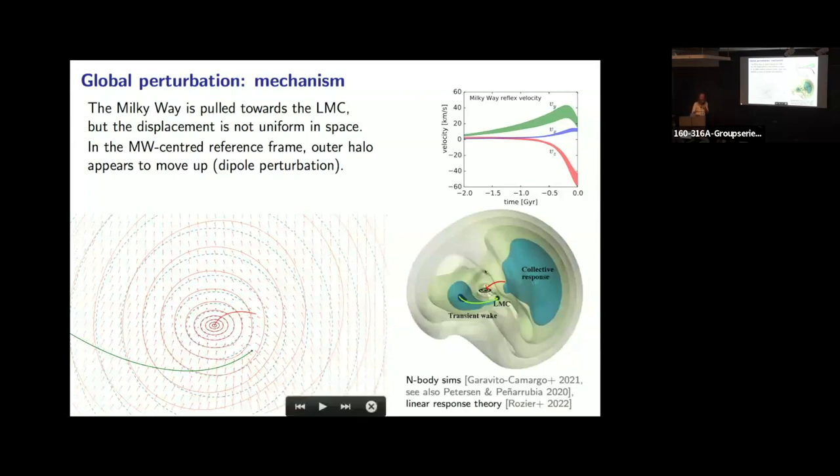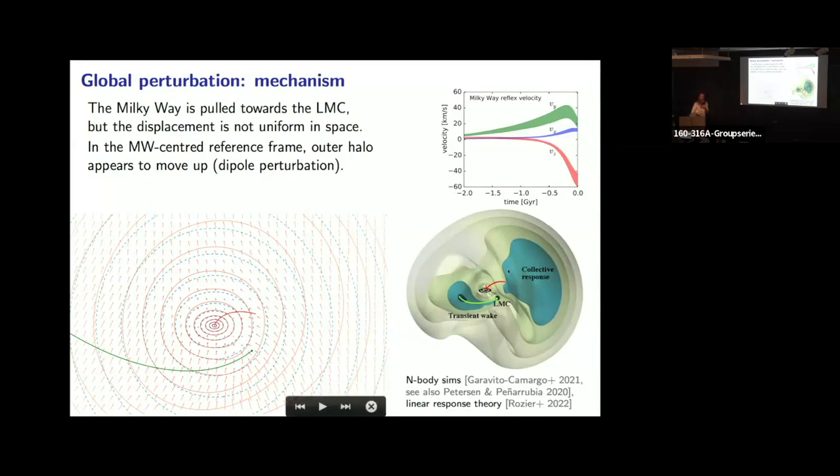And this motion can be seen in the kinematics and also in the density, because here I'm again plotting the comparison of the equidensity contours. The dotted lines are the original undistorted halo, and the red lines are for the Milky Way halo as distorted by the LMC. And well, they don't match each other.